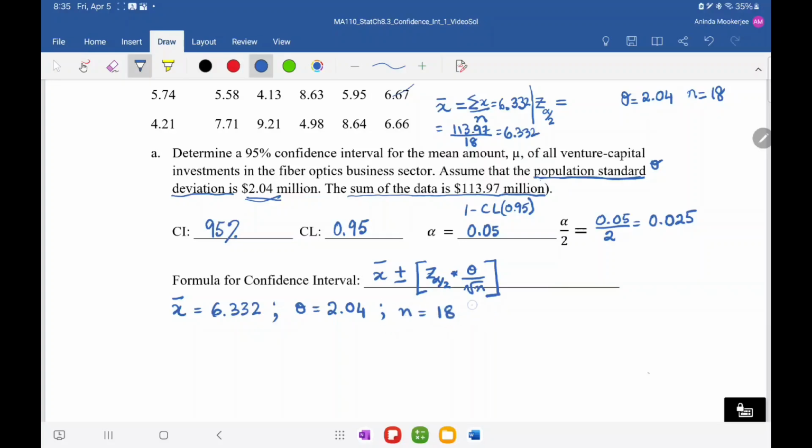And we know alpha by 2 is 0.025, but it's not enough to just know alpha by 2. We have to find z of alpha by 2, or z of 0.025. For that, we go to our table. So let me open up the table.